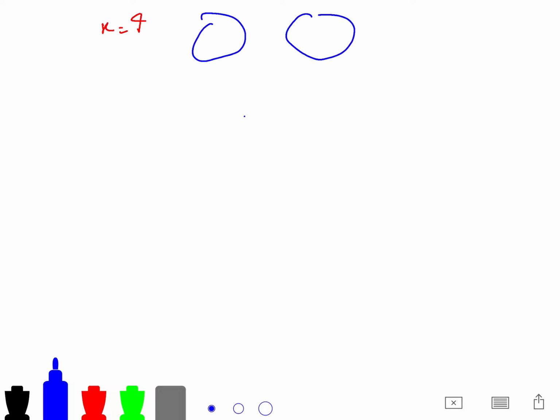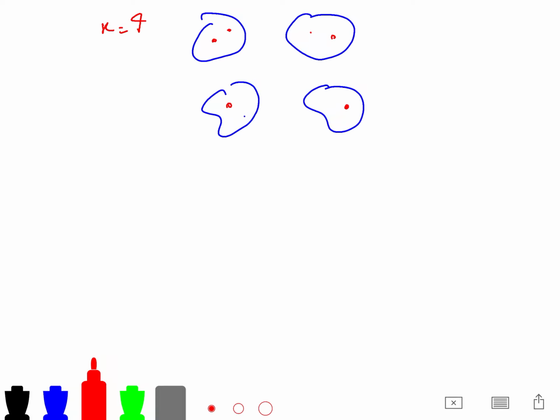Again, we have 4 disconnected things that we want to connect. We have some terminals and we try to connect them. As you expect, for K equal to 4, K minus 1 becomes 3, so we need to cut at least 3 edges in order to make them disconnected.